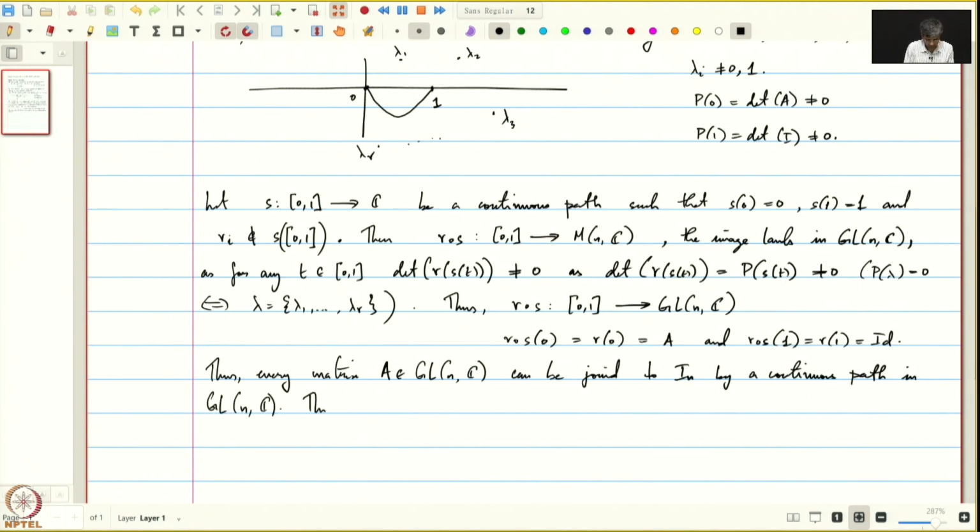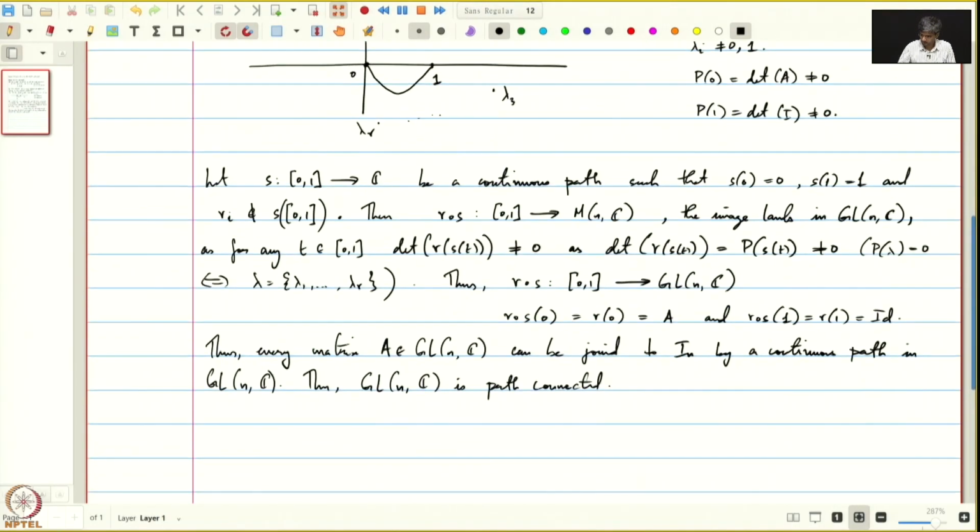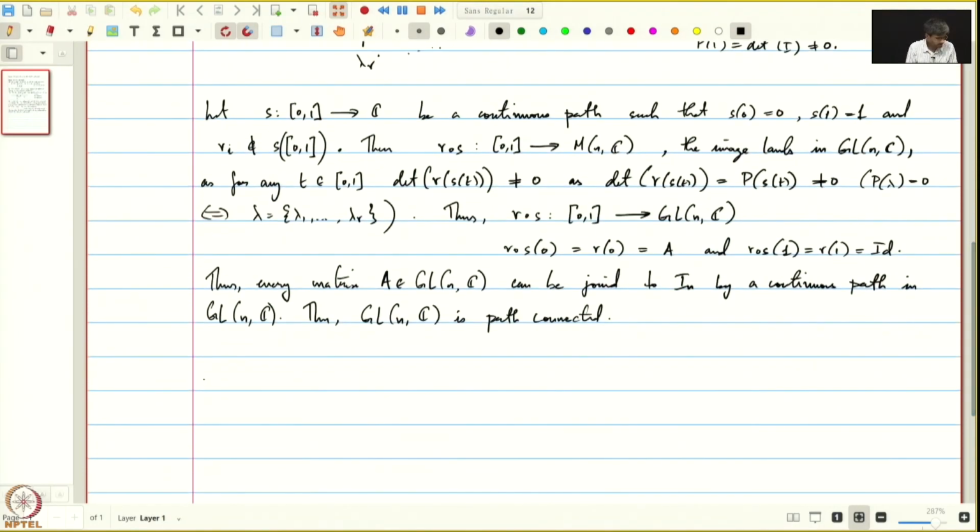So thus GL_n(C) is path connected. So therefore, using this nice trick, we saw that GL_n(C) is path connected, and this is much easier to prove than the case of GL_n(R)^+. Okay. So let's make this simple observation. So this completes the proof.